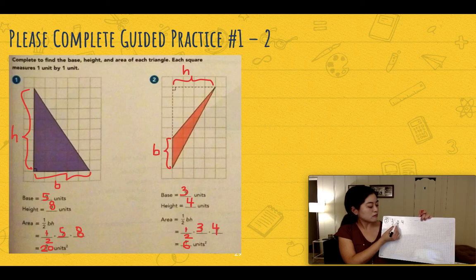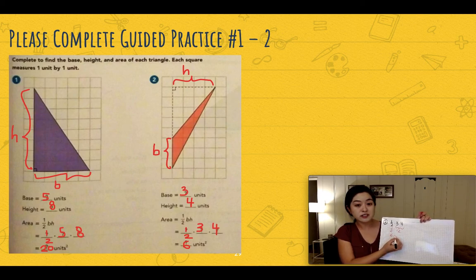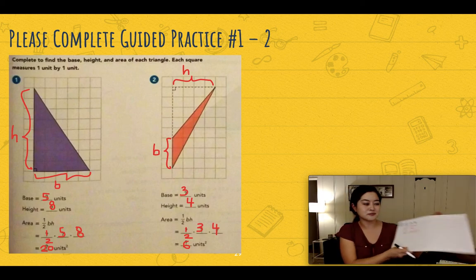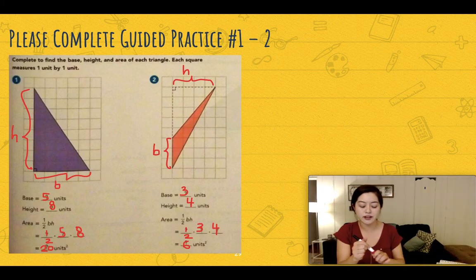But I see here 3 times 4 makes 12, and half of 12 is 6. So this is 6 square units, like this. All right, next.